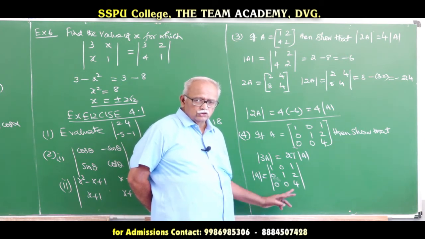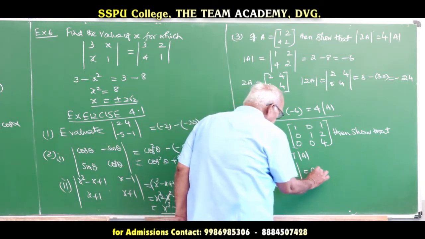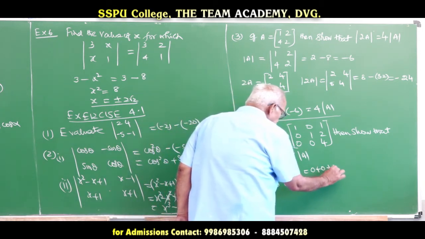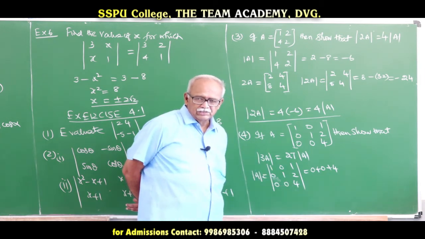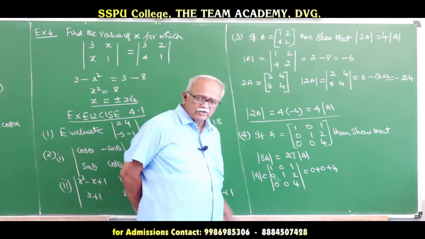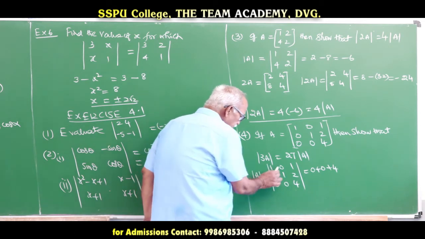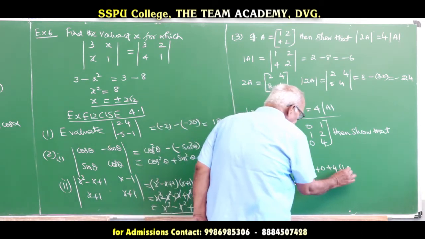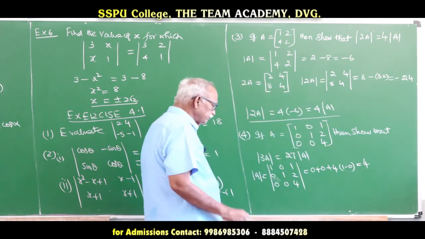Row 3 has 2 zeros. So, how to expand this? 0 plus 0 plus 4. This sign is plus. Why? A 3, 3. Third row, third column, 3 plus 3, 6. 6 is an even number. So, we have to take plus. Plus 4 into 1 into 1 minus 0, which is equal to 4.